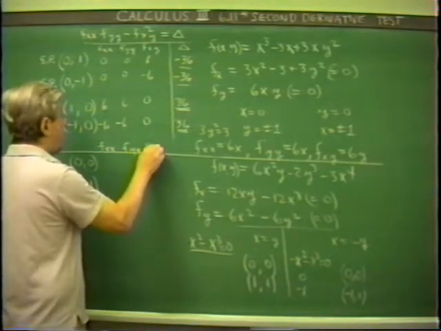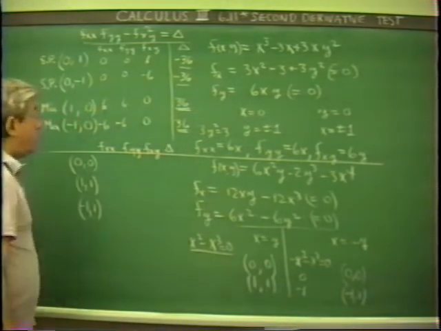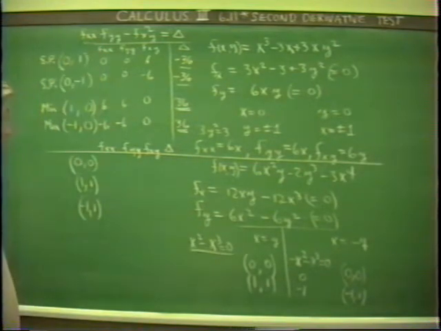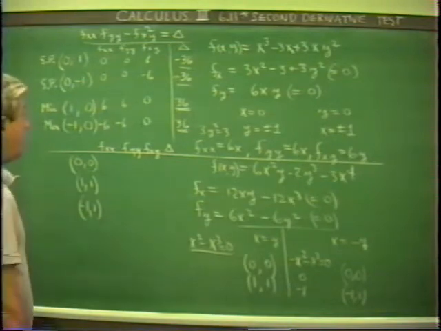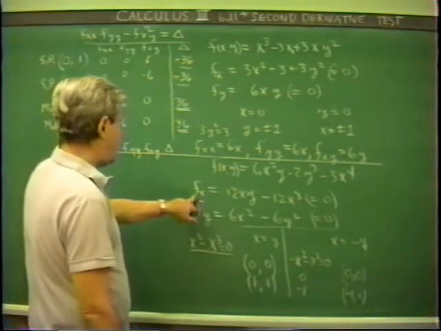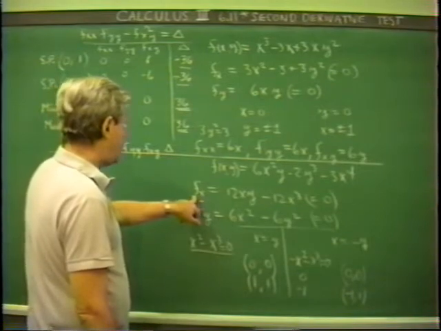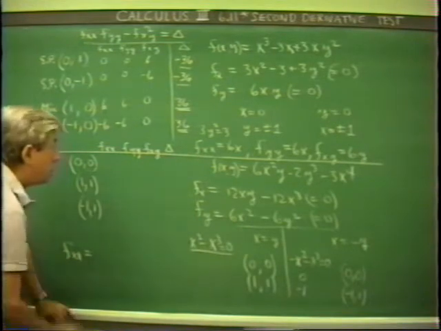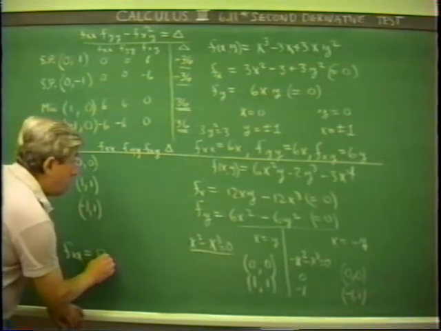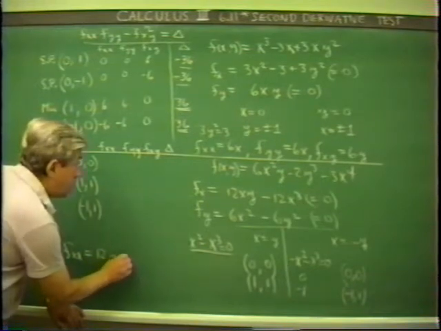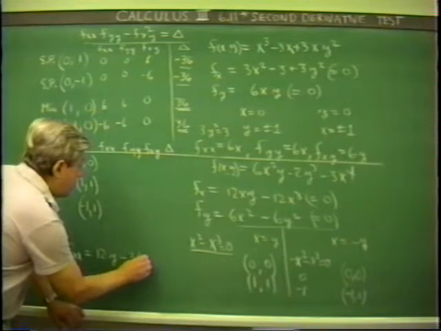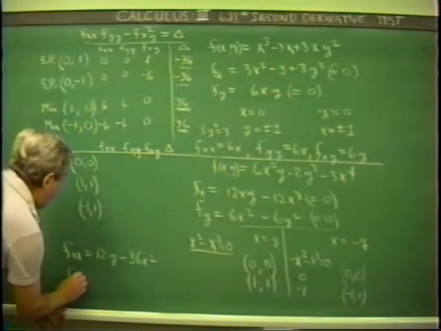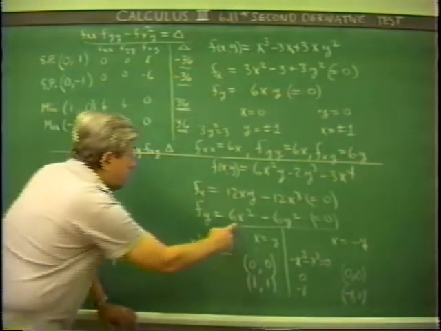Right? And we now wish to complete this chart here. Partial with respect to x, then with respect to x, with respect to y, then with respect to y, x, y, and finally, the quantity delta. All right? So we want the partial with respect to x and then with respect to x. That's going to be equal to, partial of this with respect to x is 12y minus 36x squared.